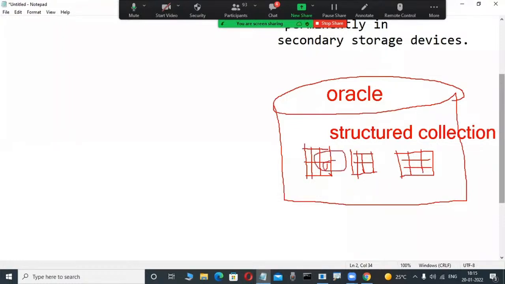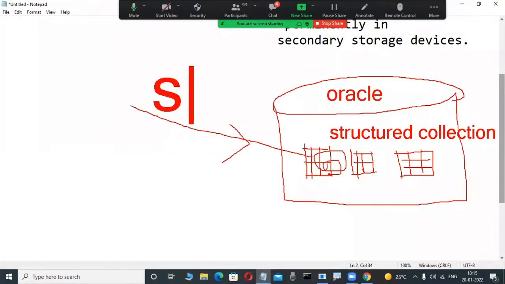Once a structured collection of data is there, to operate on this data we require a language. What is that language? Maybe anybody has an idea? SQL, structured query language. Through this language we operate on this structured data in relational databases.